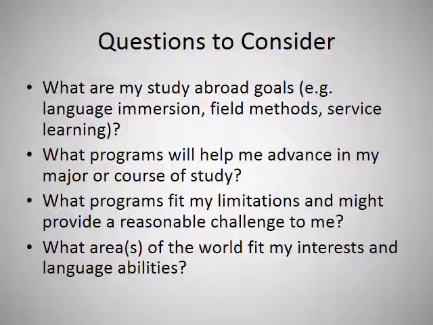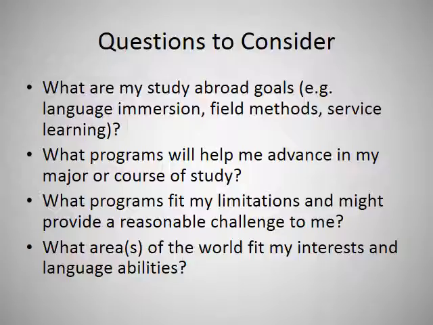A third thing to think about, which I'll talk about more in detail in just a moment, is what kinds of programs fit my personal limitations and might provide a reasonable challenge to me. I think every student and every family finds themselves on a kind of spectrum of how much challenge they want and how much help they need while on study abroad. In particular, study abroad can be very challenging both physically and mentally.